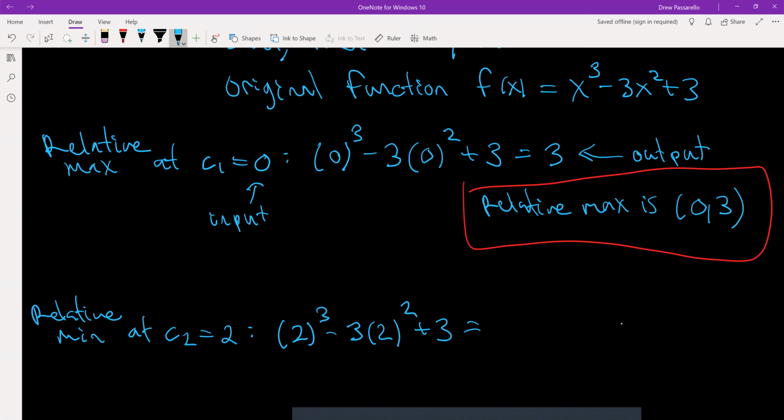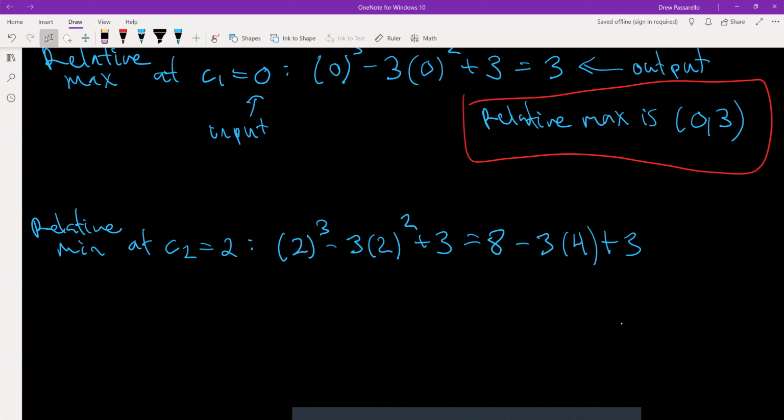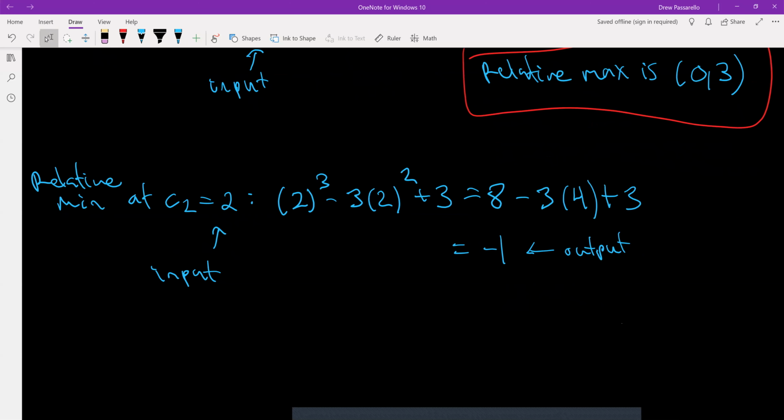So when you calculate that, 2 cubed, that's 8. So really this will be 8 minus, and then 2 squared is 4, so minus 3 times 4 plus 3. All right, so that's going to give -1. And that's our output. Our input was 2. So the relative min is the point (2, -1).